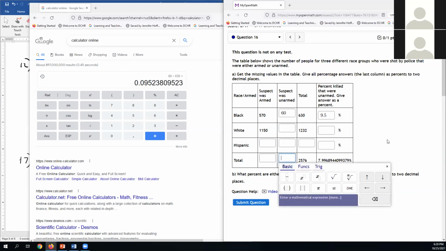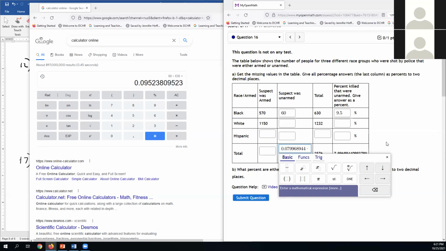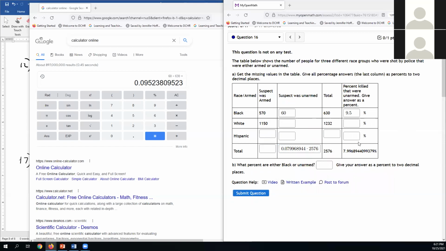So you switch that percent to a decimal, 0.07, and don't round this too much, 99689 or so, times that total, 2576. Do that on a calculator, and that tells you how many are right there.